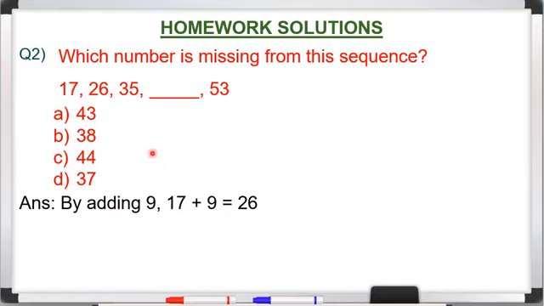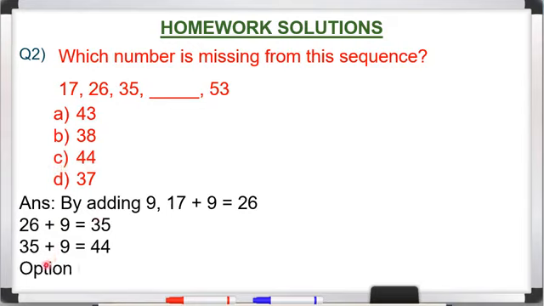Now we will again add 9 to 26. 26 plus 9 equal to 35. Now again we will add 9 to 35. 35 plus 9 equal to 44. So our answer is 44. Which option is the correct option? C is correct. So option C 44 is correct.